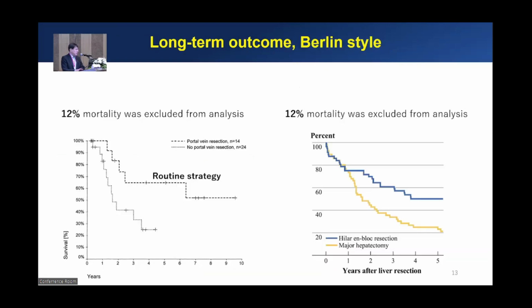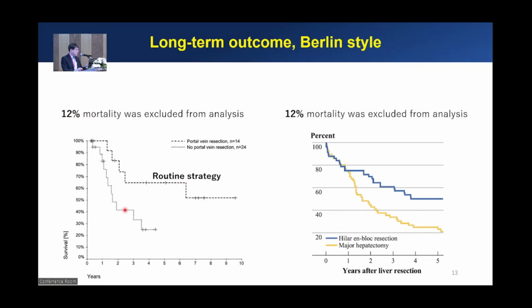But the recent multicenter study failed to confirm this. Sorry, this is his data about the Berlin style. Two different published data are shown here, but we focus on the 12% mortality here.